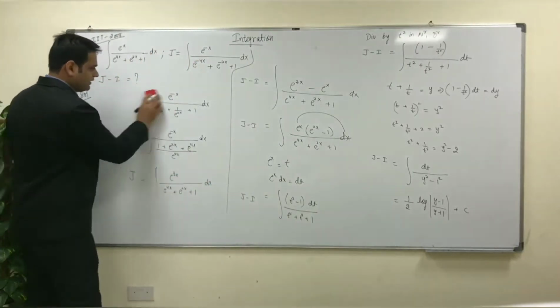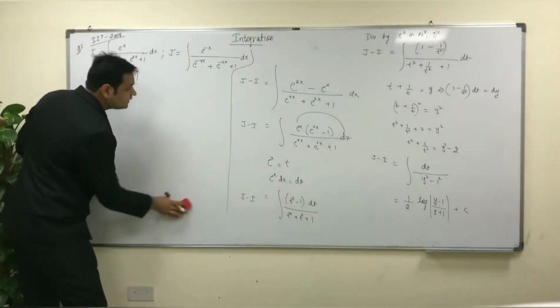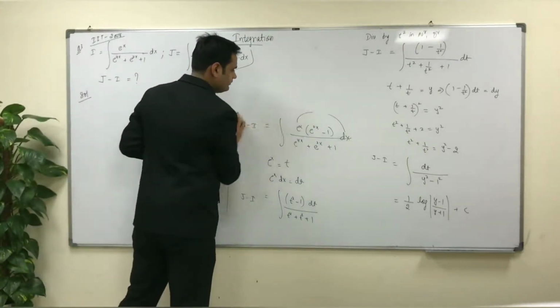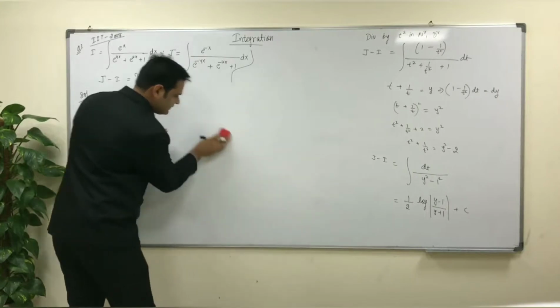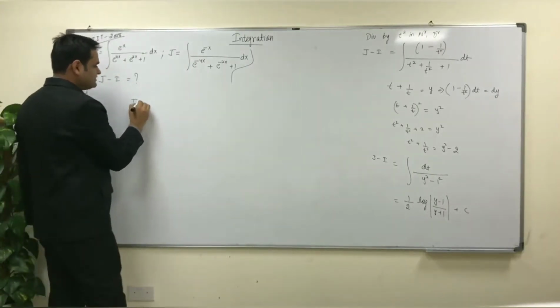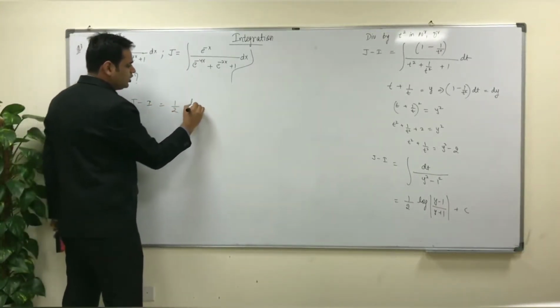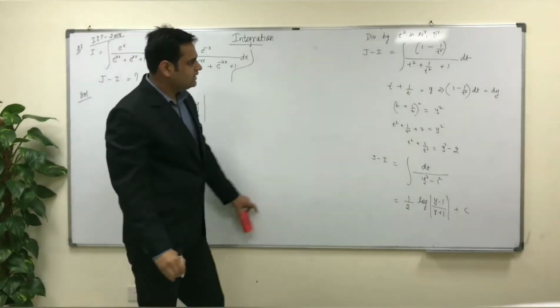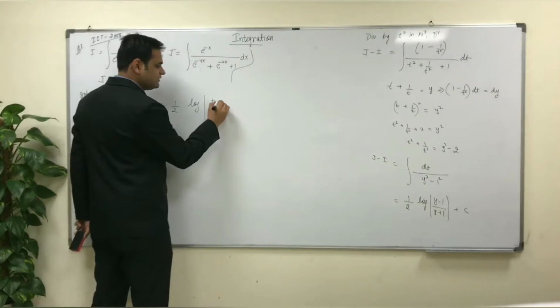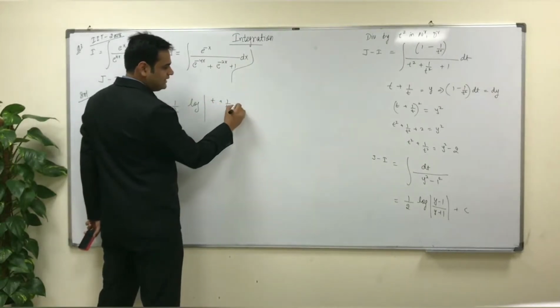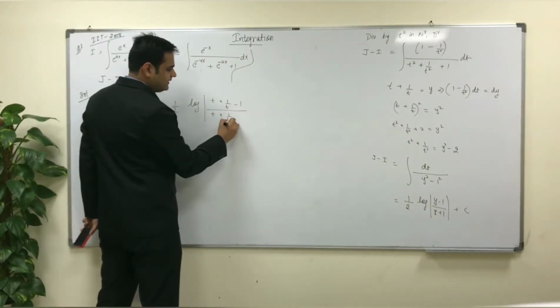So if you see, J minus I is nothing but half of log, what is the value of y? y was nothing but t plus 1 by t.